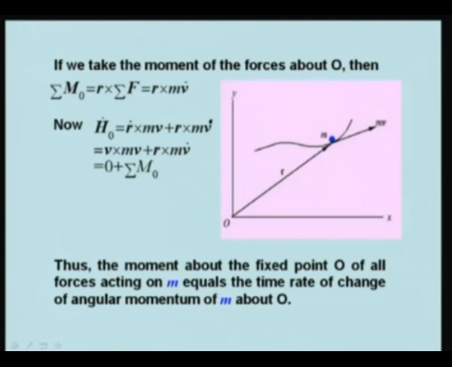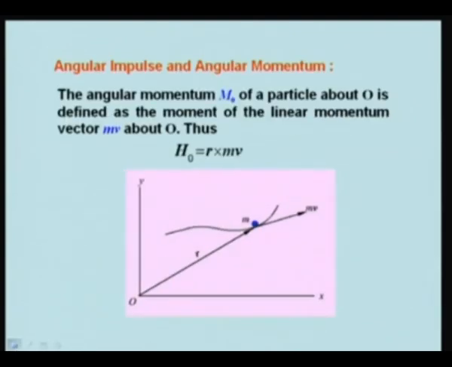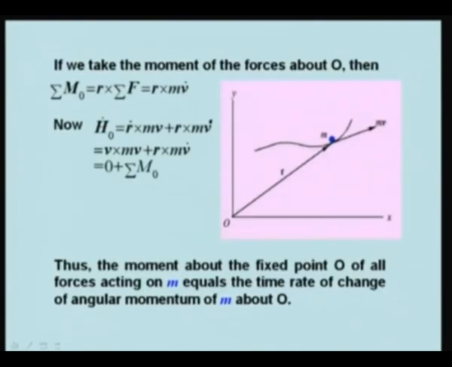Now, it has come v cross mv. Cross product of a vector with itself is 0.